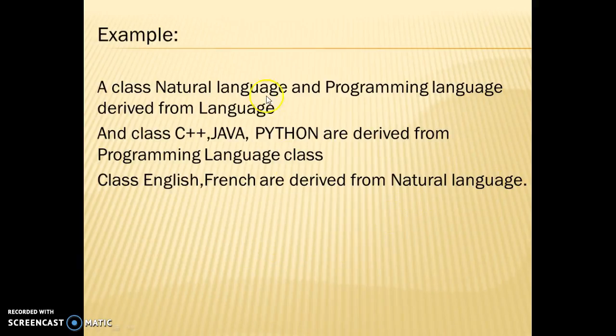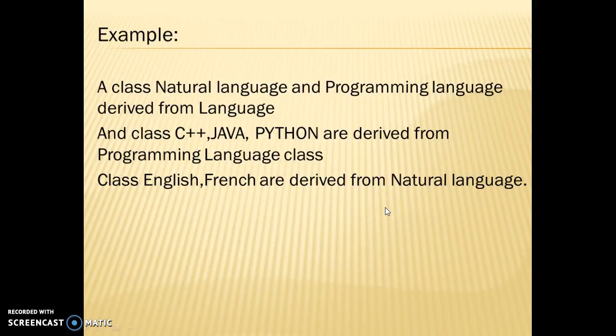Here is one more example. Language is the base class, whereas natural language and programming language are the derived classes. From programming language, C++, Java, Python are derived, as well as from natural language, English and French are derived.